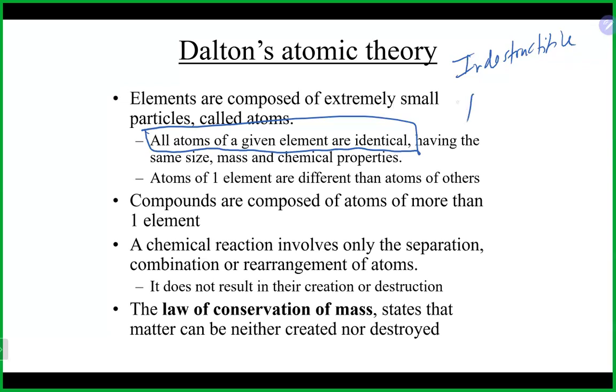The existence of isotopes, as we'll talk about in this chapter, disproved that. Isotopes are the same element, but they have different masses, so obviously they are not identical to each other. Otherwise, they would have the same mass. But all the other stuff is still relevant and correct.